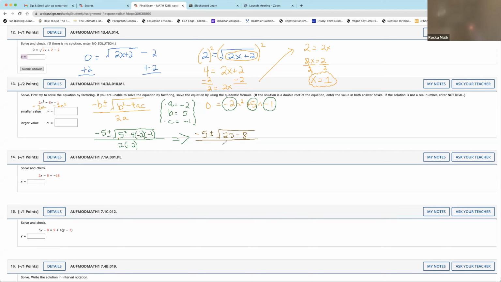Everything over -4. We get -5 plus or minus the square root of 25 minus 8, which is 17, over -4.